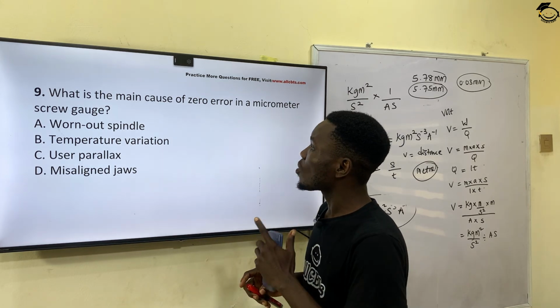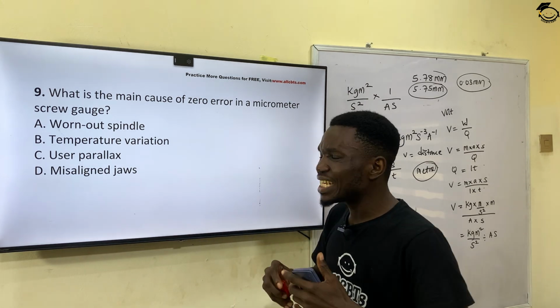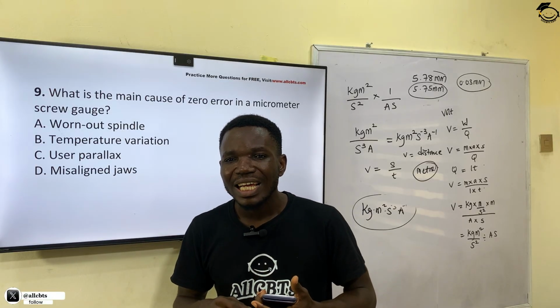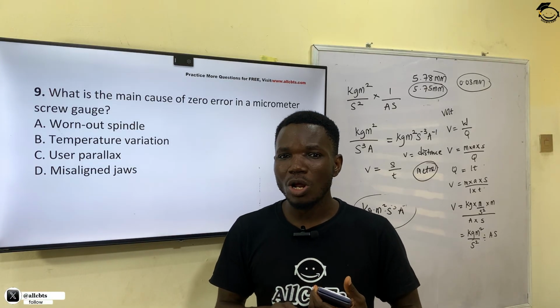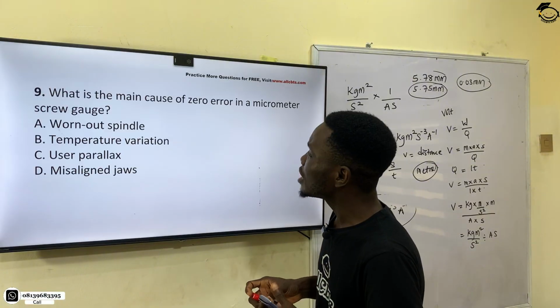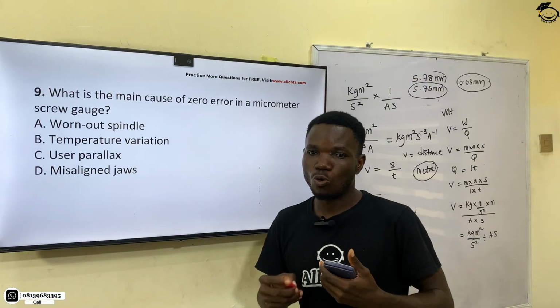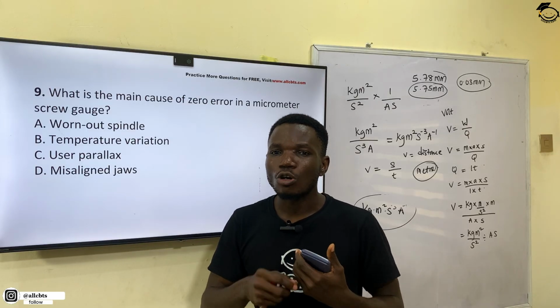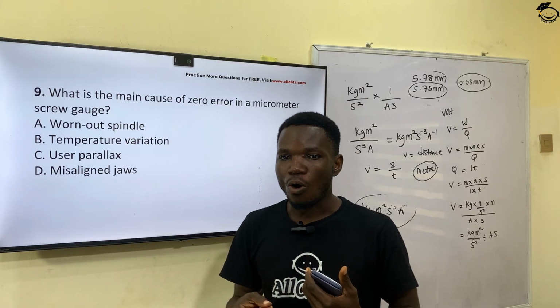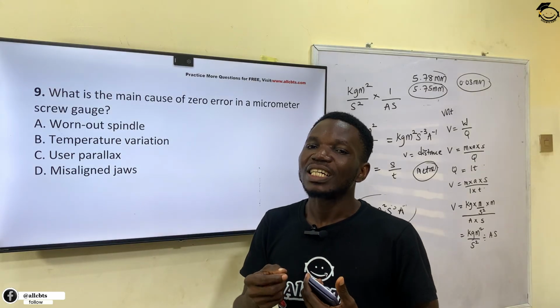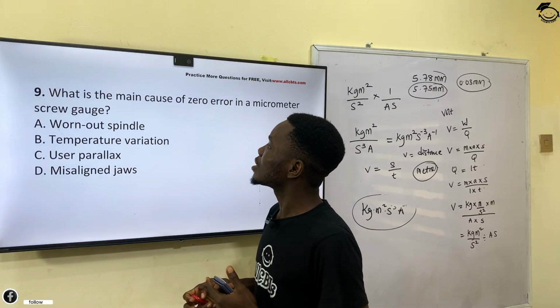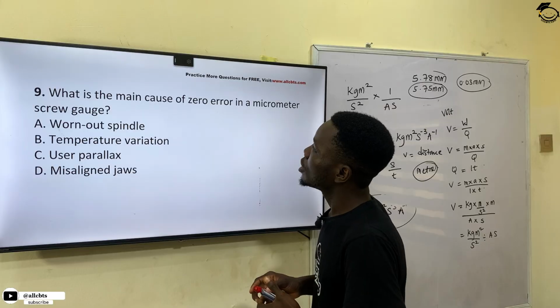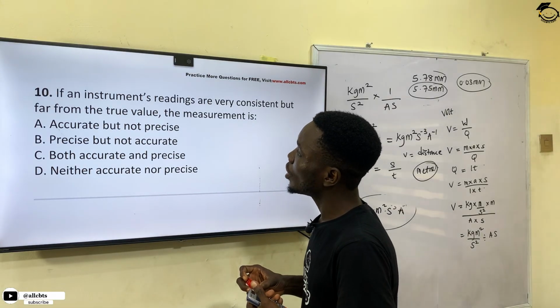And this kind of error can only be gotten when the micrometer screw gauge spindle is faulty, so it will not rotate completely anymore. So the correct answer there is option A.